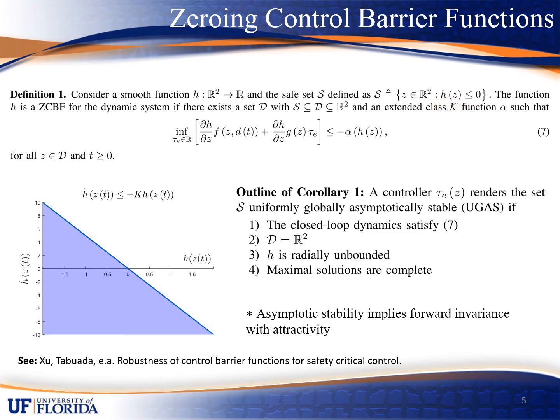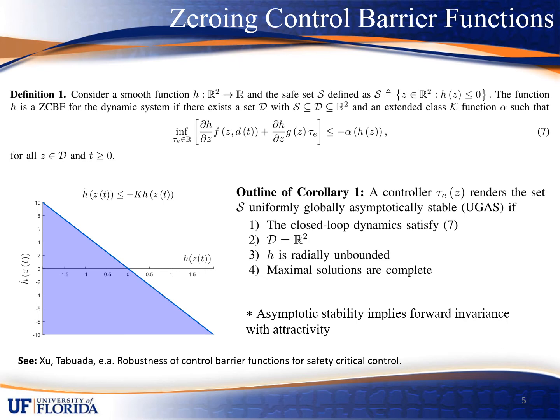The function h is a ZCBF if there exists a set D with S a subset of D, and an extended class kappa function alpha such that this inequality holds for all states and all time. This inequality resembles the Lyapunov type inequalities, which are common in nonlinear control design.